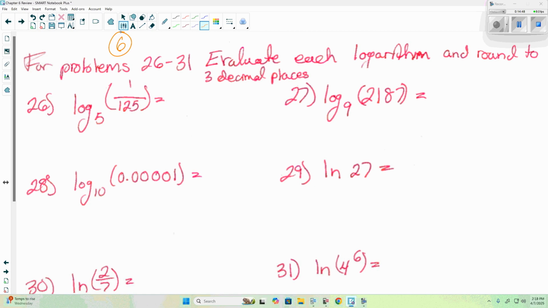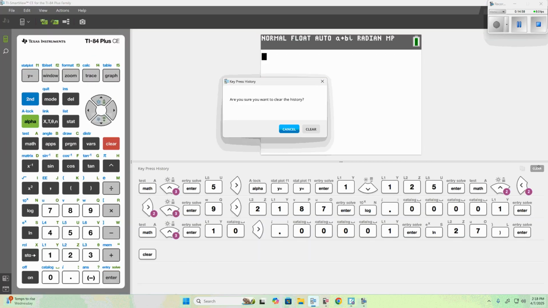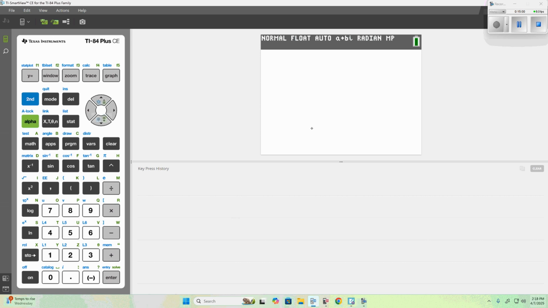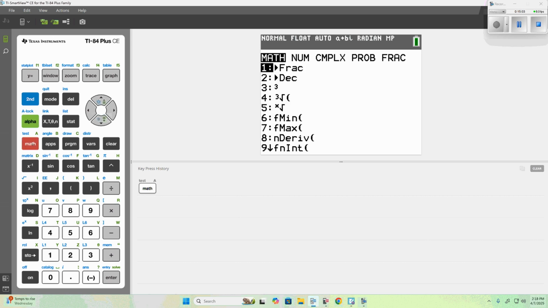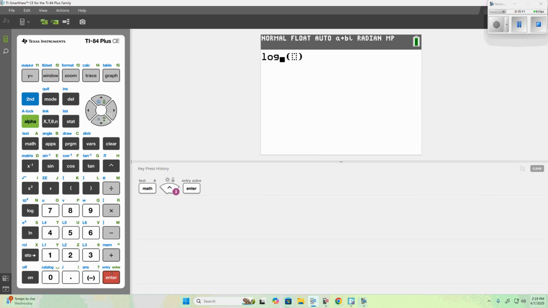Our calculator, plug it in. Now we could use the change of base for these logs, or we can use the graphing calculator. Figure both of those out. Now again, to get log base on the graphing calculator, we're going to hit math. Scroll up or down to find log base, and then type it in. Well, I'm going to need the review sheet back.